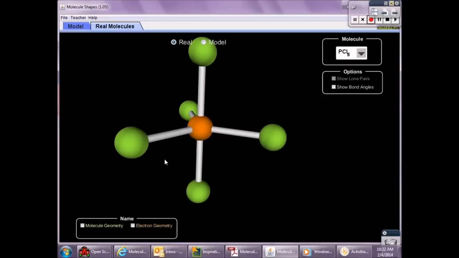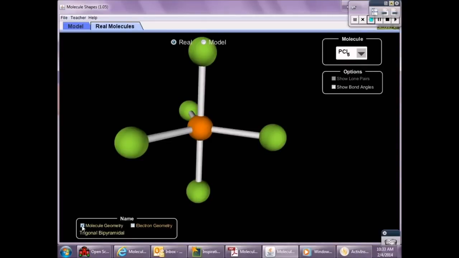How many pyramids do you see here? Both of them are sitting in what shape? What shape is holding both of them? This is one pyramid, triangle. This is a trigonal bipyramidal. 2 pyramids. Trigonal bipyramidal.